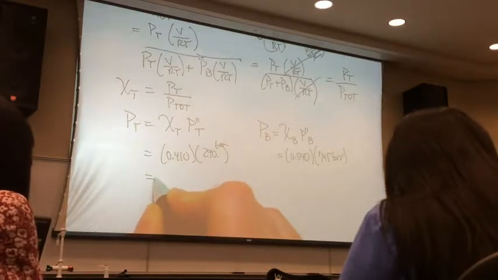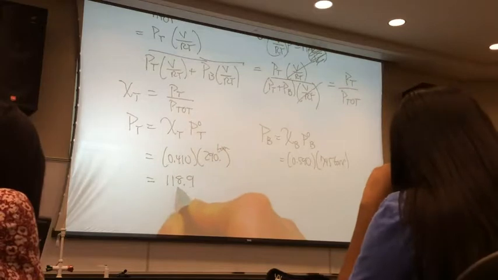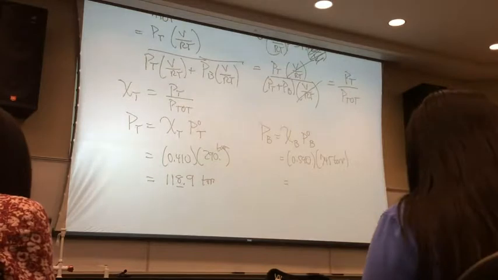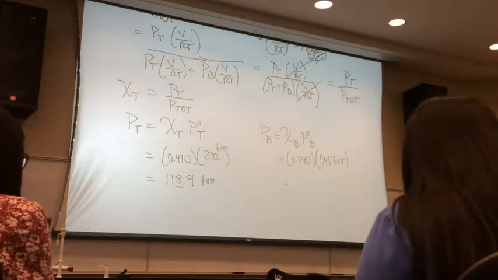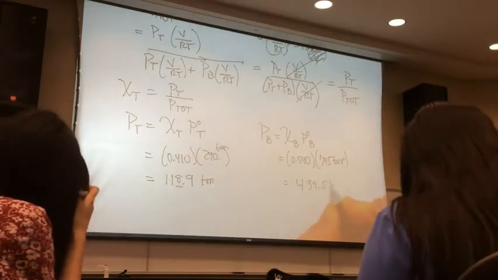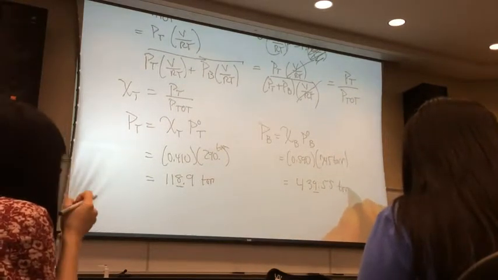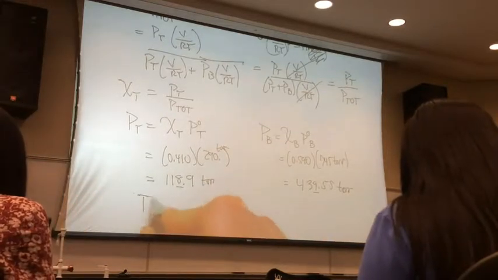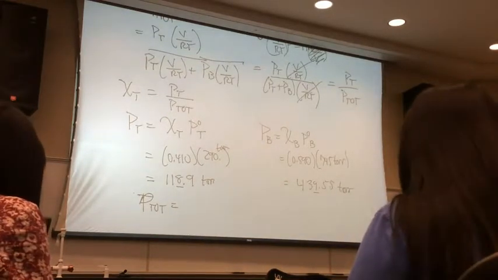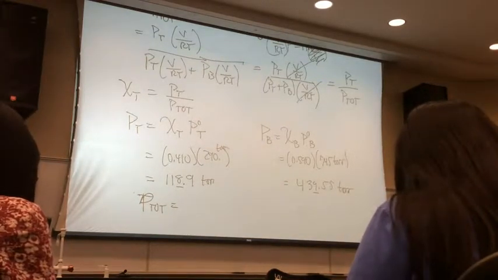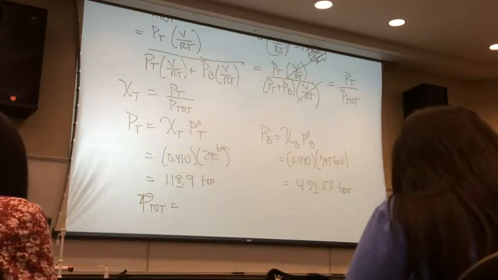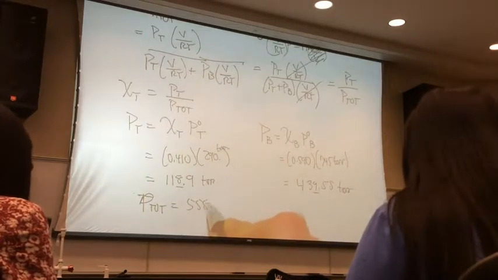So this is 118.9 torr. And this one is 0.59 times 745, and that one is 439.55 torr. Okay? So your P total equals 439.55 plus 118.9, and that's going to be equal to 558.45.